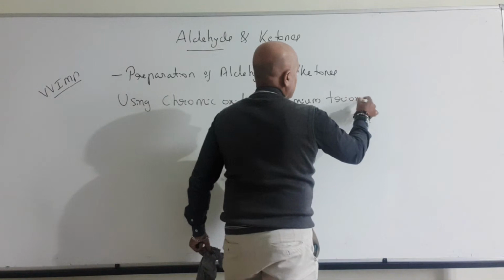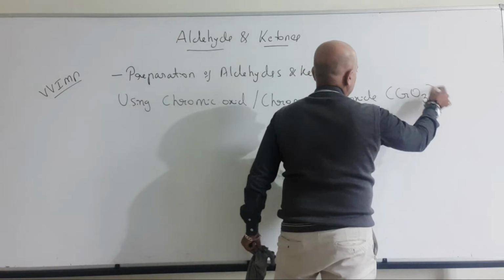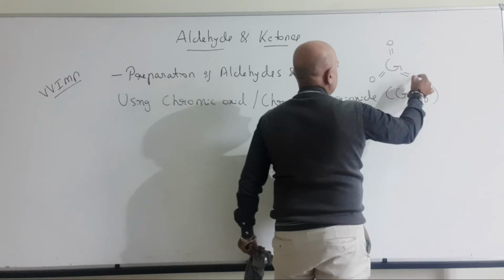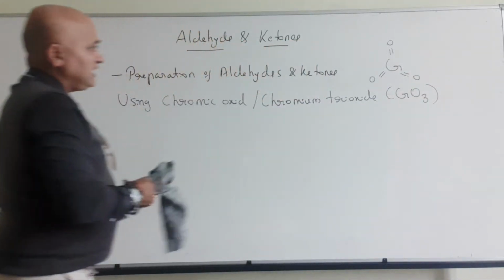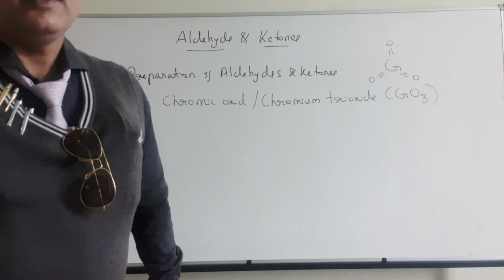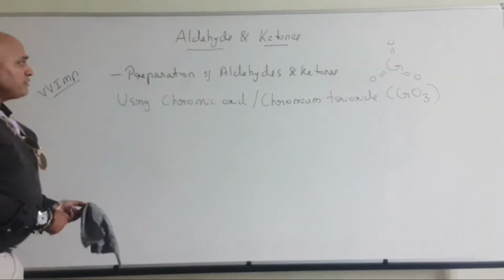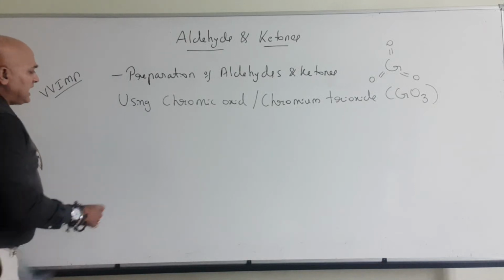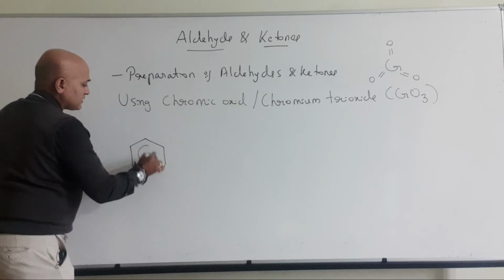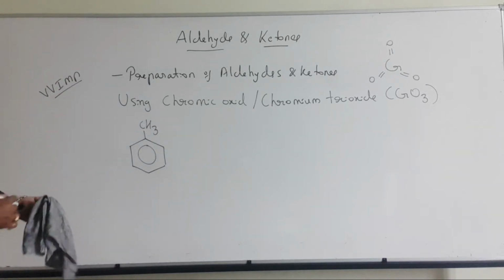Naturally CrO3, so chromium with 3 oxygen. Chromium trioxide. Okay. So when I am talking about this particular reaction, once again the toluene is the reactant. Toluene is the reactant, no doubt.